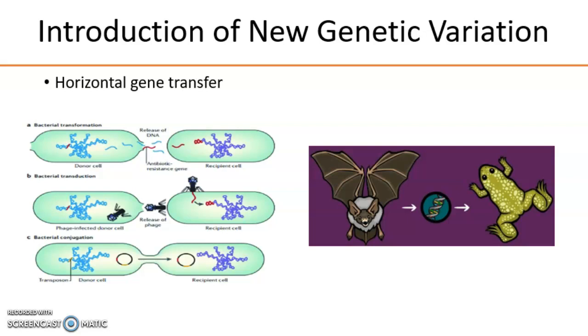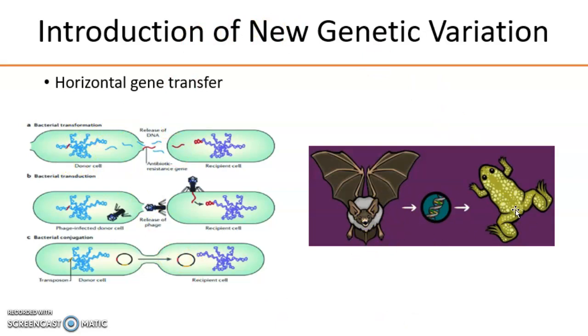One is horizontal gene transfer. This is, I guess, like the name implies. When we think about gene transfer, we're usually thinking vertical, from parent to offspring. But now we're talking about horizontal, so not into your offspring, but to another individual that you can give genes to. This can happen from prokaryotes to eukaryotes, eukaryotes to prokaryotes, prokaryote to prokaryote, eukaryote to eukaryote, okay?